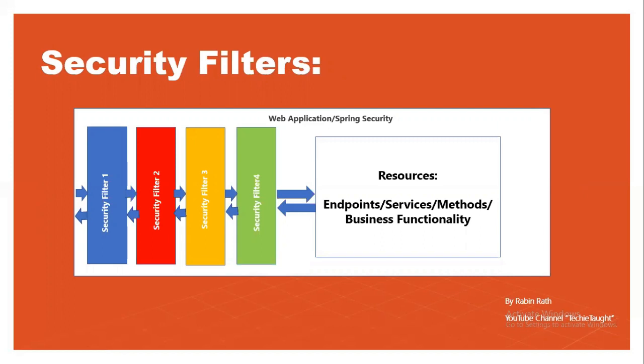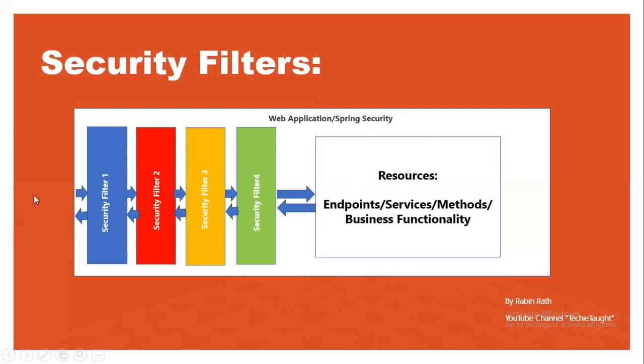So this is another picture and another diagram I would like to show you. As you see here, this is our web application which is using Spring Security, and these are the resources on your right-hand side, all the endpoints. It now has four different security filters.